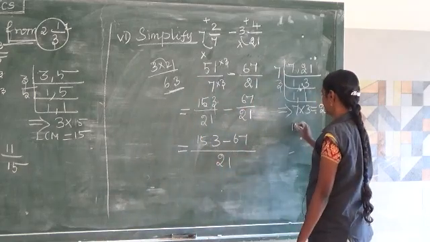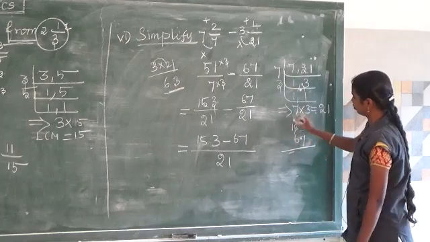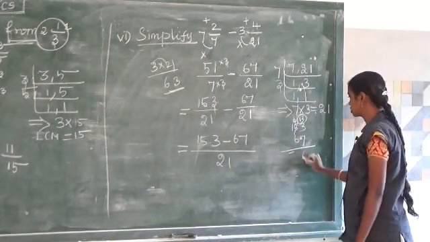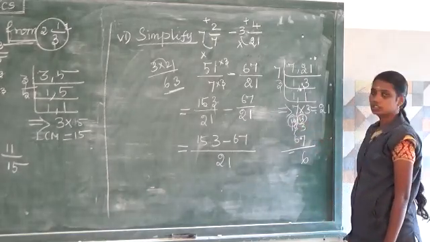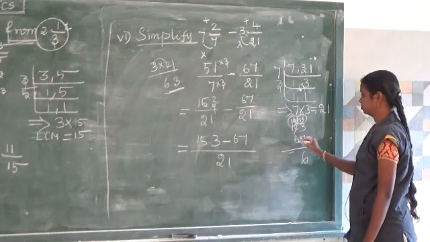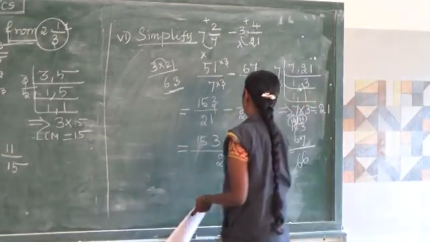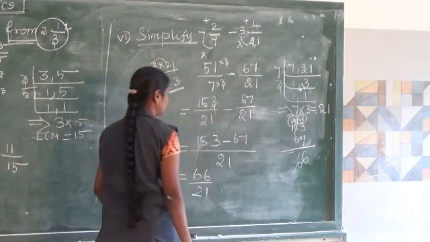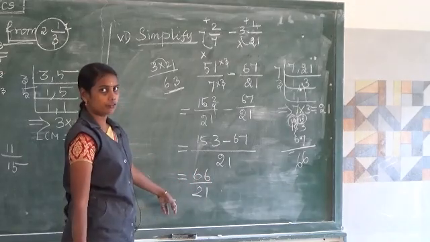Subtract. Go for the borrow. 13 minus 7, 6, 4, 14. 14 minus 6 is 6. So the answer is 66/21. Which type of fraction is it?